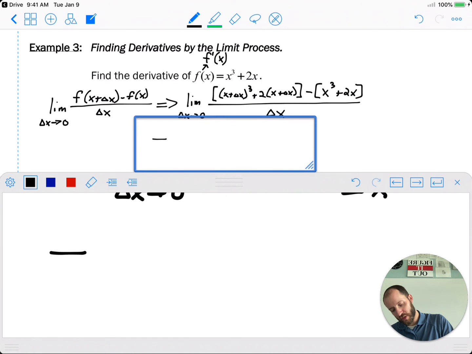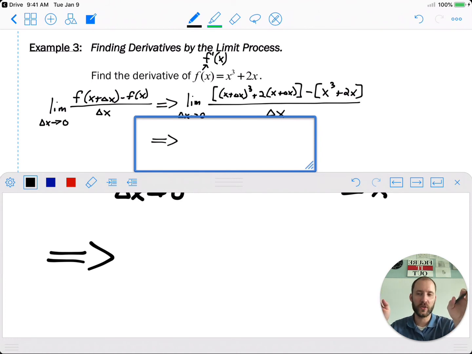So then using the binomial theorem, you should be able to expand the numerator, work it out, and cancel things out. Things should cancel. If they don't, you did something wrong. Go back, okay? The limit definition is a valuable way to work. It should work.